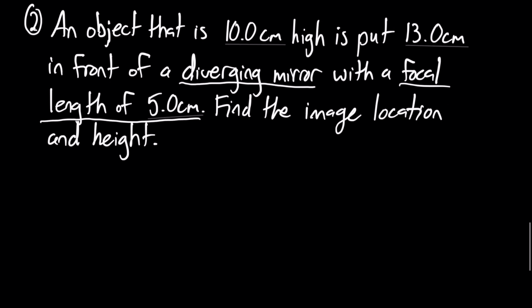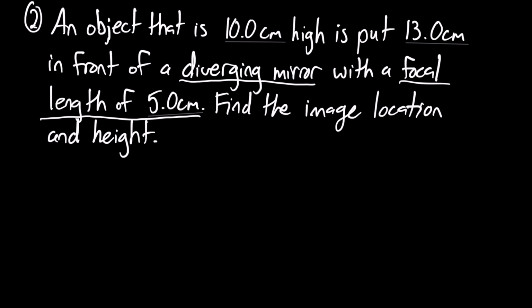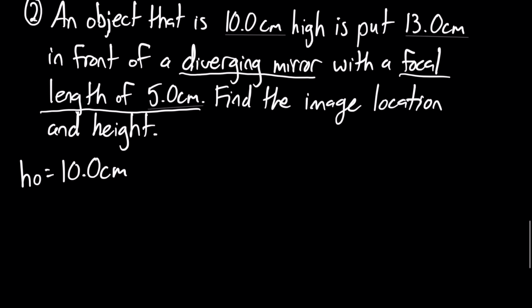So let's write down what we know. So we have an object that is 10 centimeters high. Okay, so that's going to be our HO. So 10.0 centimeters. We also have the DO, similar to last question.